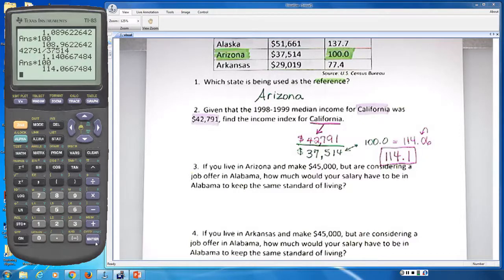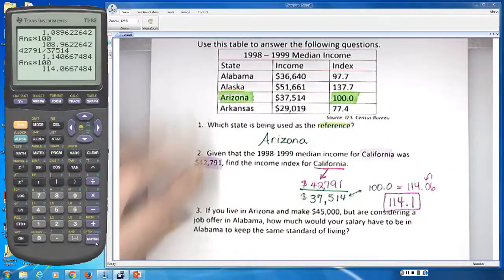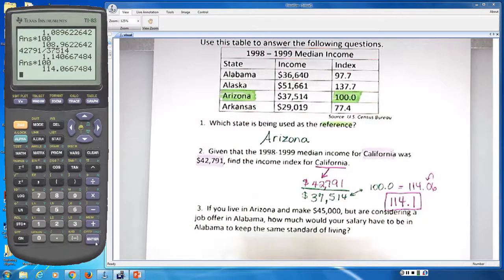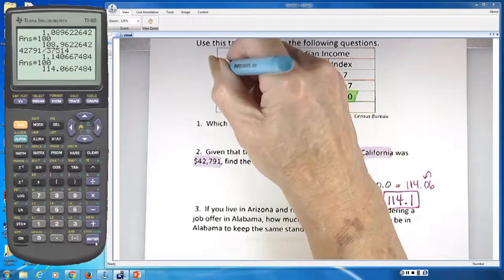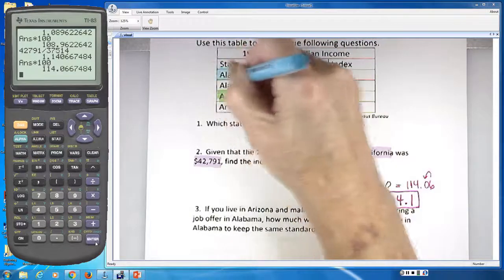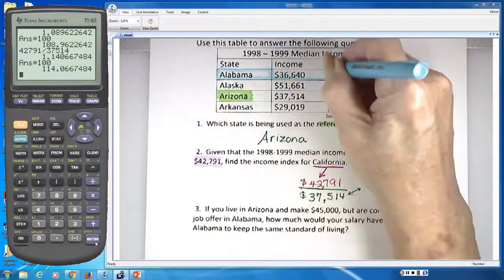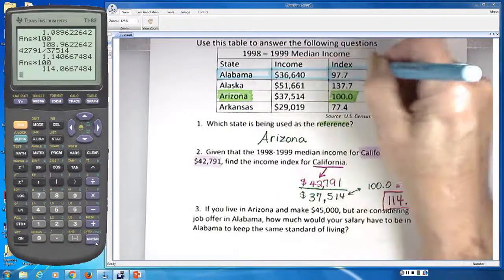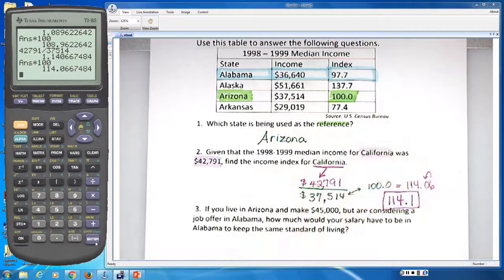In this problem, and remember, we've got both Arizona and Alabama in the table. Right now you live in Arizona and you make $45,000. If you move to Alabama, how much would your salary have to be just to stay the same?